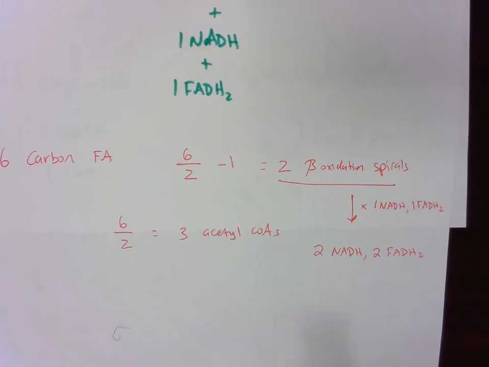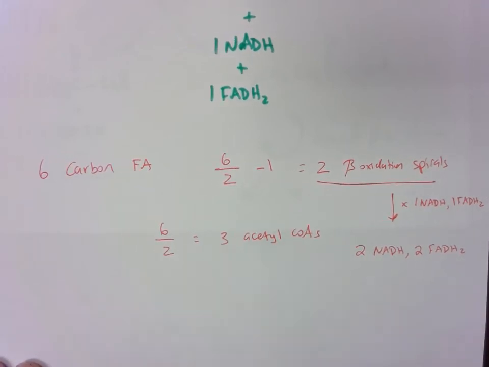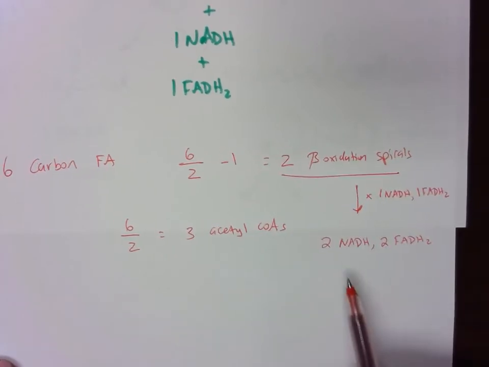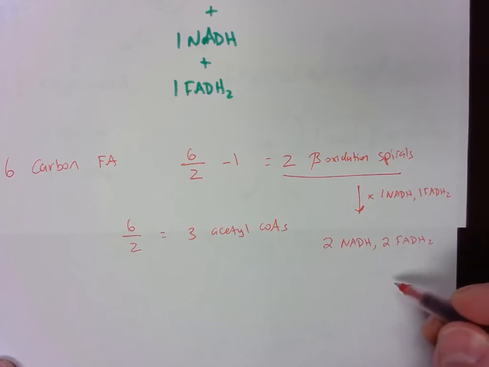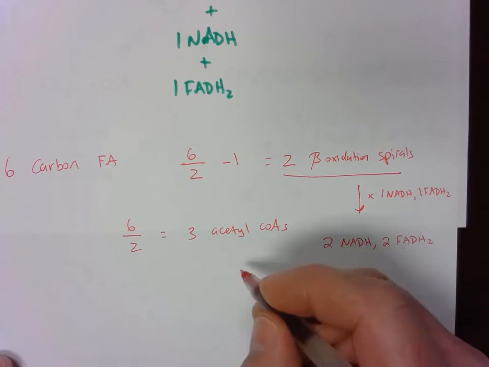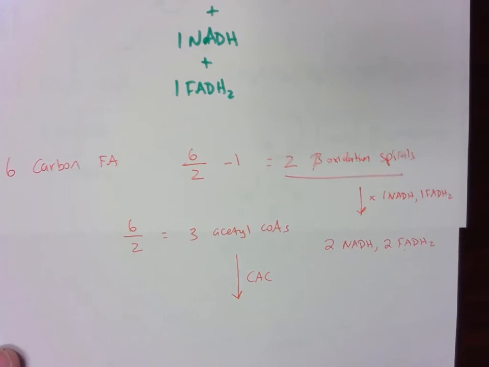And remember though, the activation step costs me 2 ATPs. So I end up with 2 NADH and 2 FADH2s to go into the oxidative phosphorylation. These 3 acetyl-CoAs are going to go through the citric acid cycle.